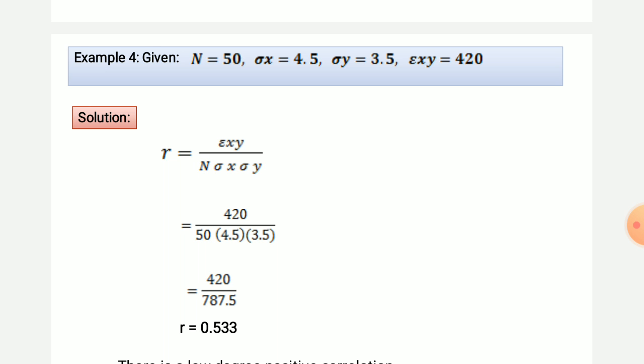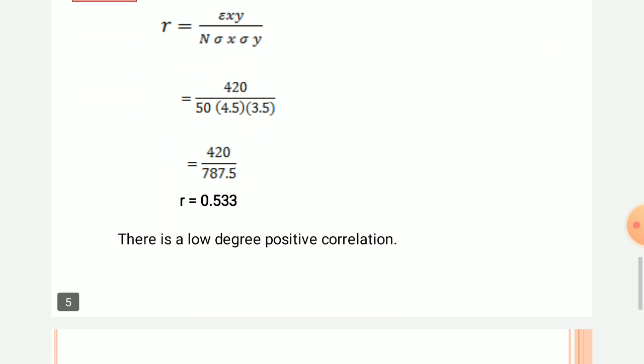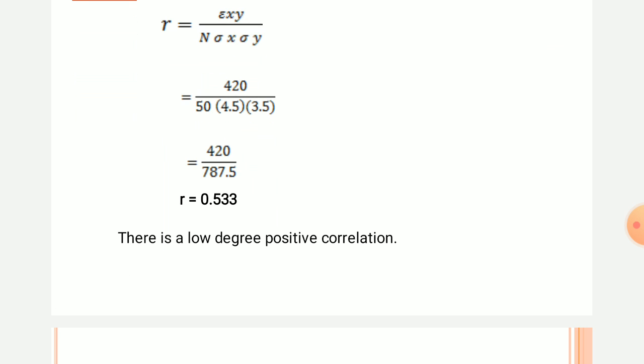Now 420 divided by 50 into 4.5 into 3.5. When we multiply all of that, we get 787.5. And when dividing 420 by 787.5, we get 0.533.